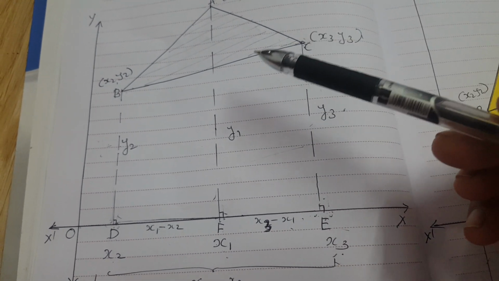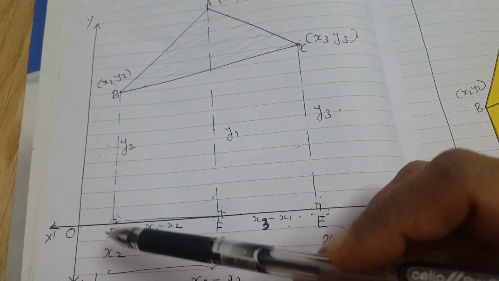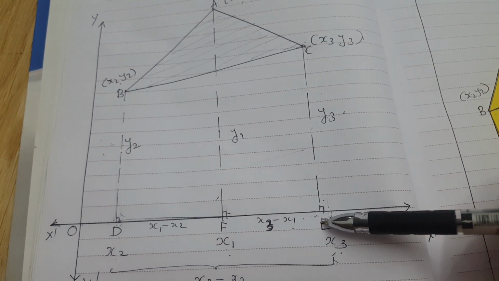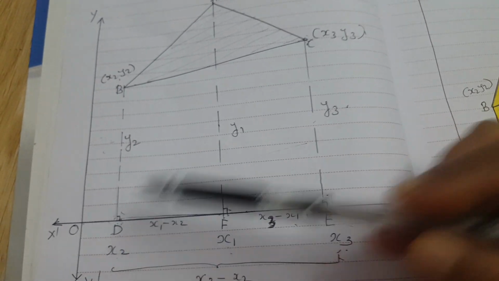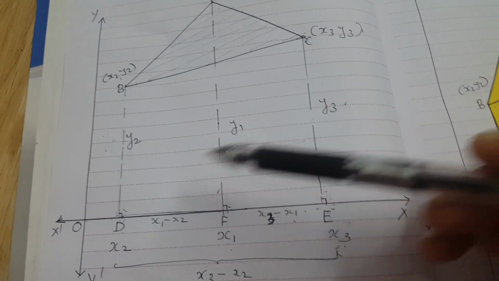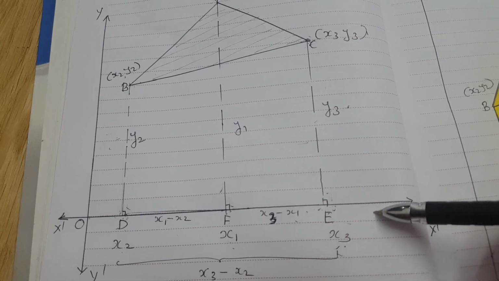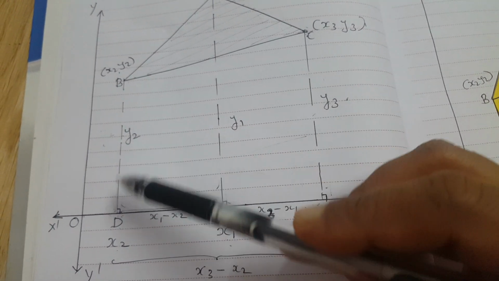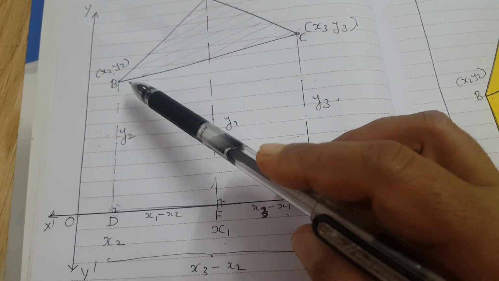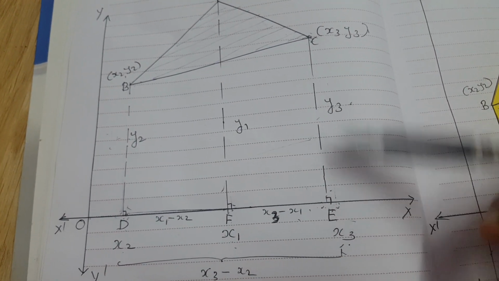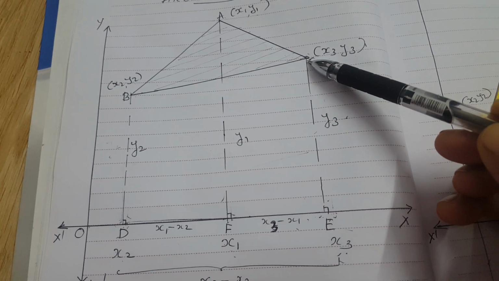So we have studied a theorem: lines perpendicular to the same line are parallel to each other. Here BD and CE are perpendicular to the same x-axis, so these two are parallel lines. And hence the figure BDEC is a trapezium.